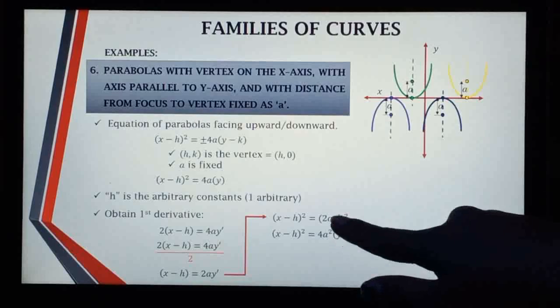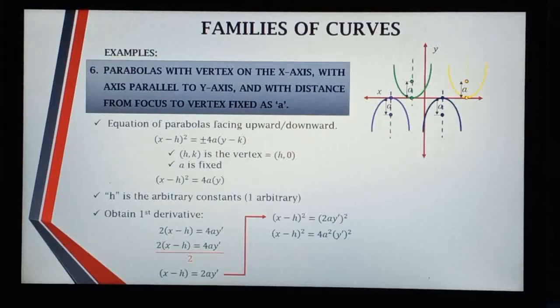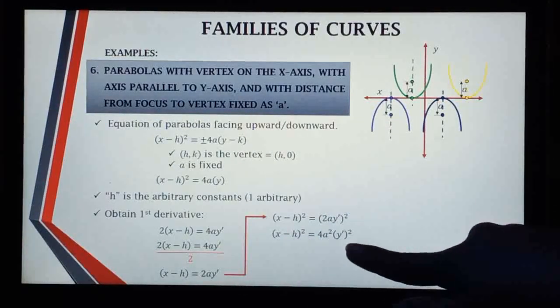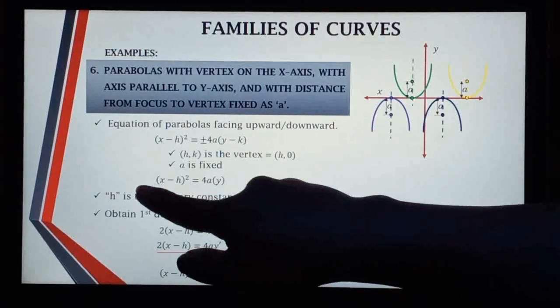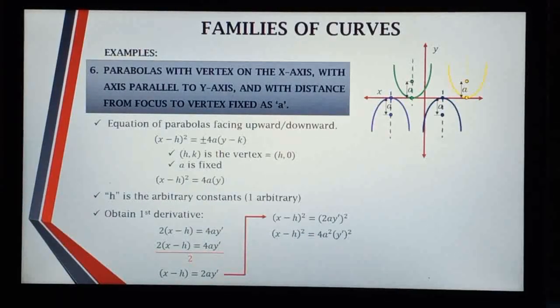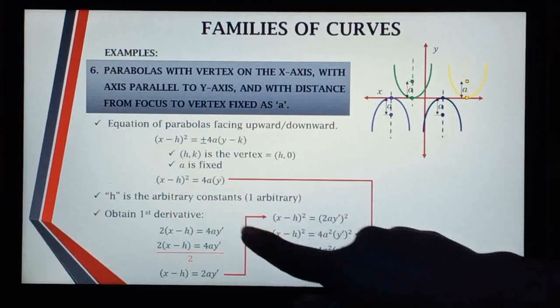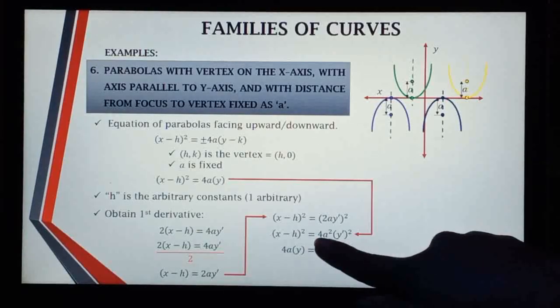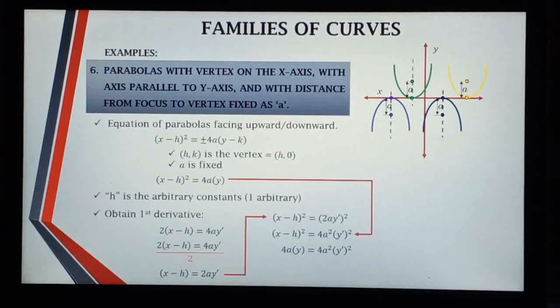Then y prime squared. Now if you will notice, this equation has a similarity in the original equation. Parehas silang may x minus h squared. So, pwede natin kuhanin yung original equation to substitute dun sa nagawa nating equation from the first derivative equation. So, pag ginawa natin yon, we will now have an equation of 4ay equals 4a squared y prime squared.